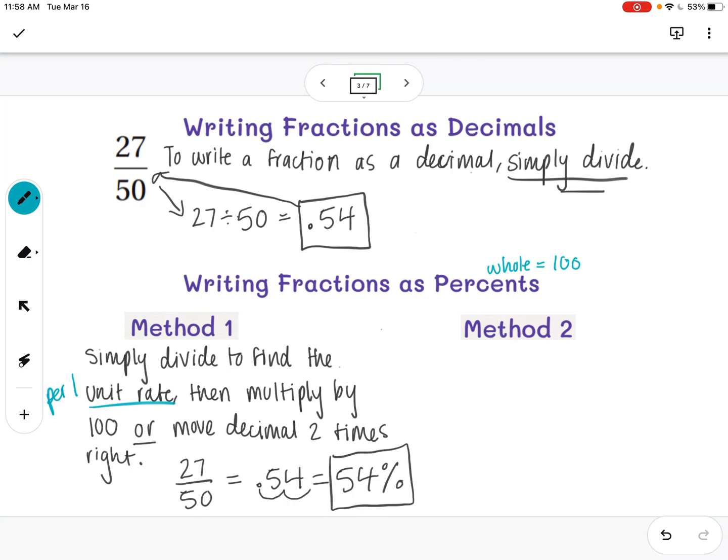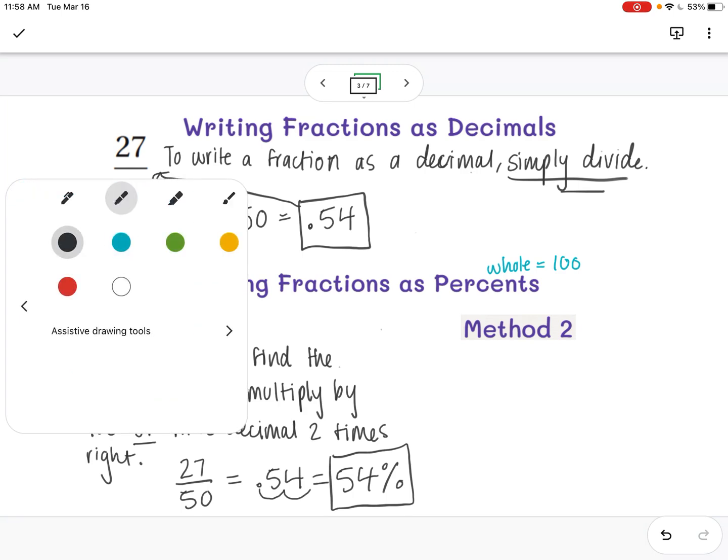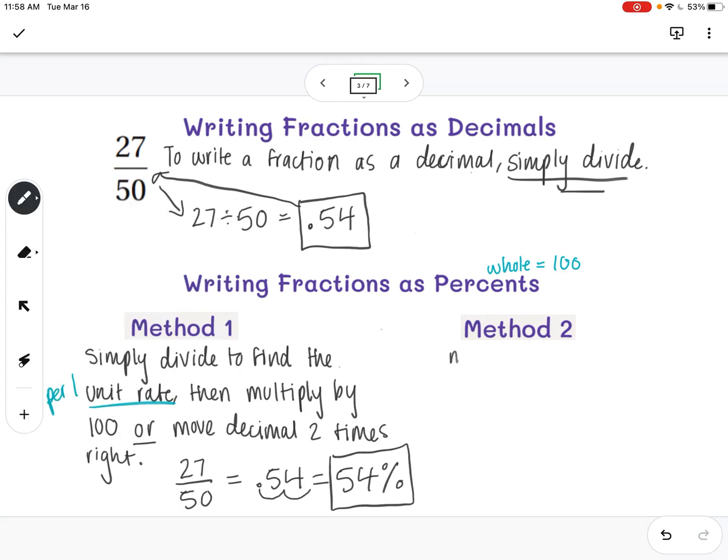All right, and then method 2 would just be to multiply to make the fraction have a denominator of 100. And I'll show you how to do that as well. This isn't always going to be the easiest, especially if we're not given a pretty fraction that easily moves to 100.